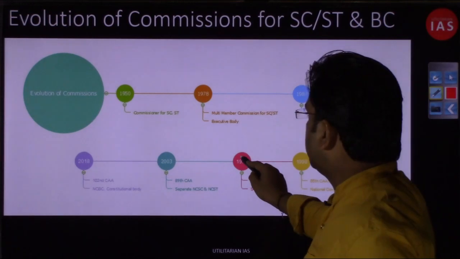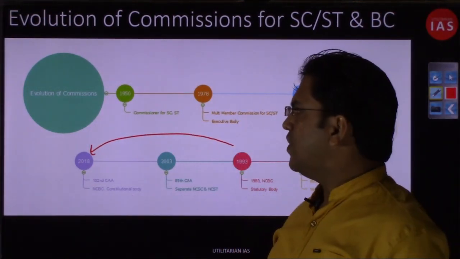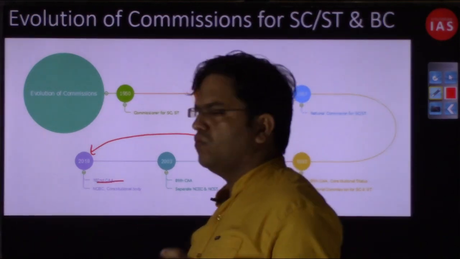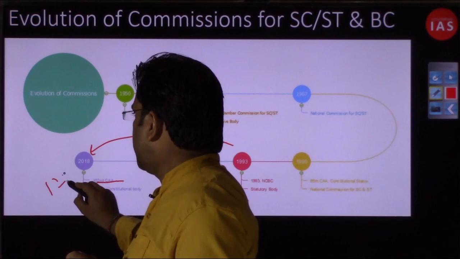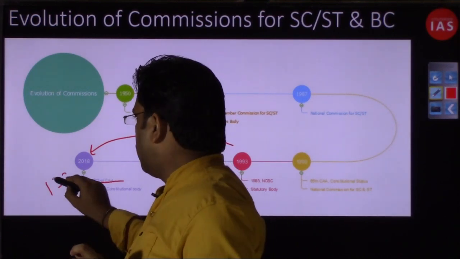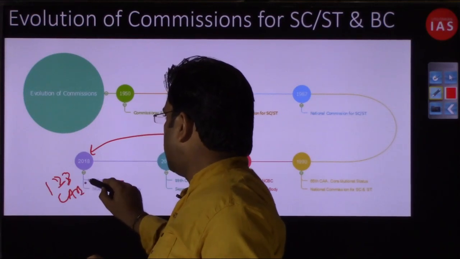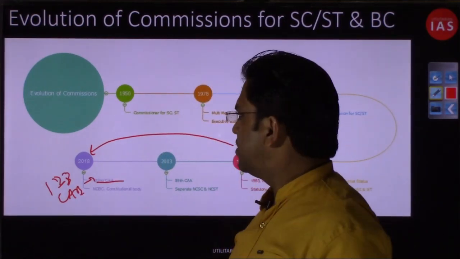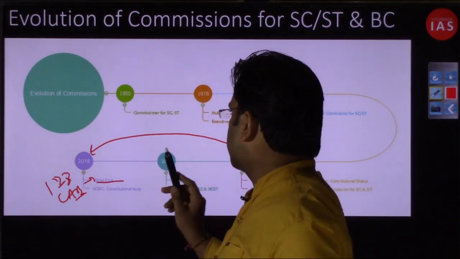This body will be granted constitutional status only in 2018, through the 102nd Constitutional Amendment Act, or the 123rd Constitutional Amendment Bill. I hope you know the difference between a Constitutional Amendment Bill and a Constitutional Amendment Act.